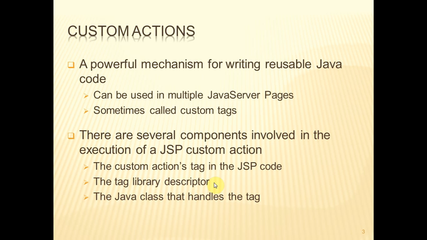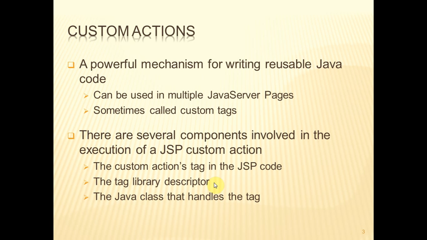Custom actions are a very powerful mechanism that allow us to write reusable Java code that can be used in multiple JavaServer pages. They're sometimes called custom tags. And for us to be able to write these custom actions or custom tags, what we need are three components.